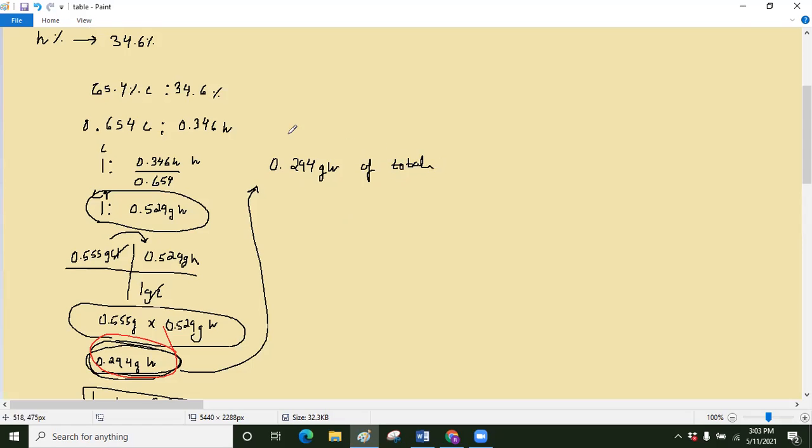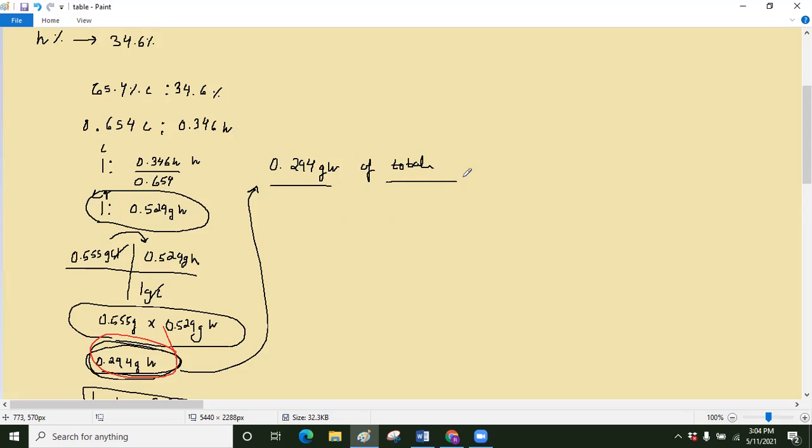If we could find the percentage that 0.294 represents of the total amount, that would essentially be our way out here. We'd have the percentage of hydrogen. How much percent of the total is 0.294 hydrogen?